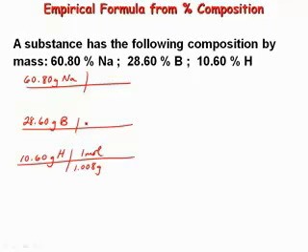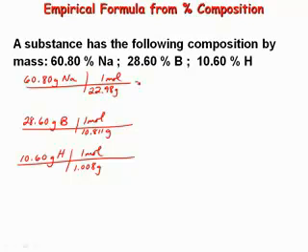First step is convert to moles. Boron is 10.811, and sodium is 22.98 grams per mole.